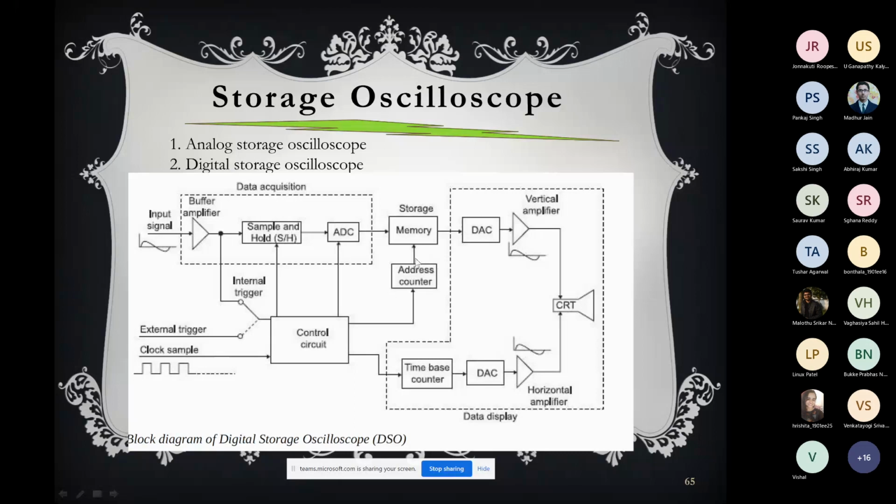So when the clock rises at that point, it gives the input to the sample and hold circuit, then to the ADC, and then to the address counter. At the rise of the clock, the address is activated and you sample at that point of time, and your voltage values will be in the memory with the address counter.